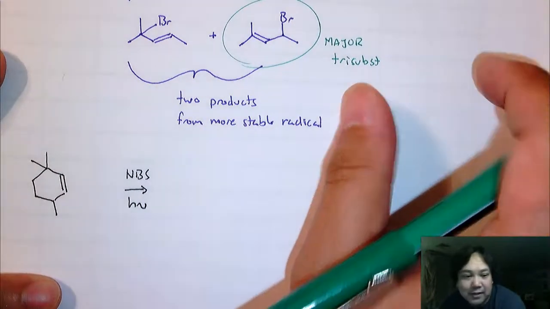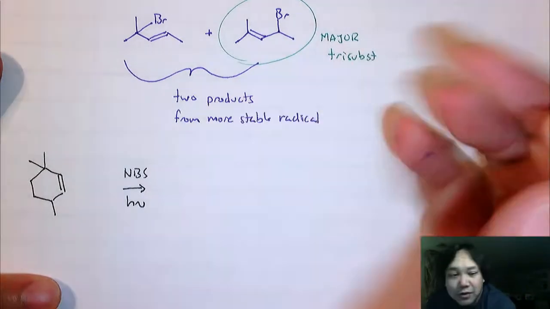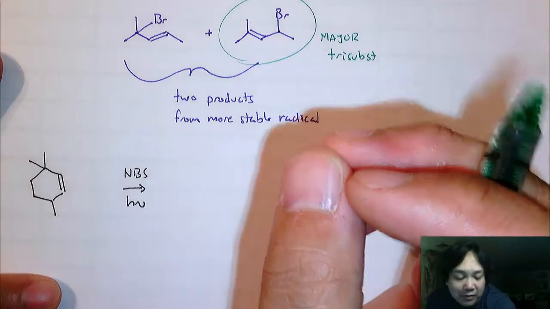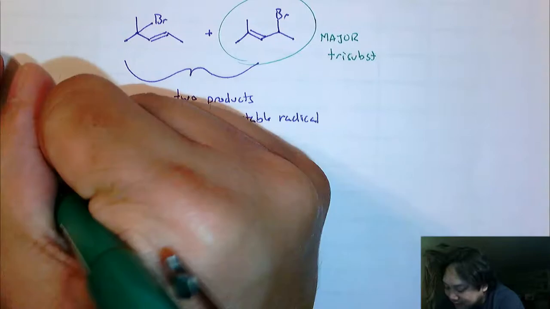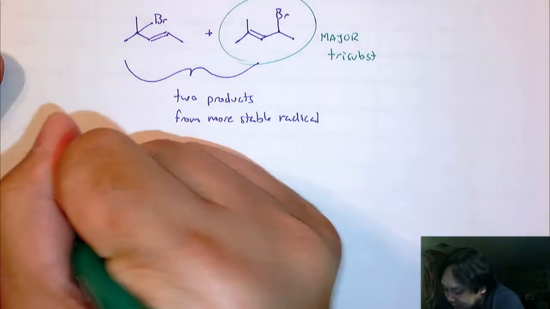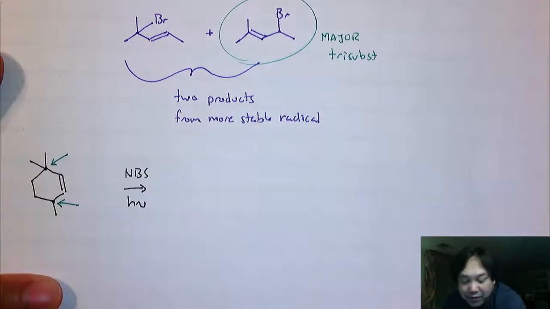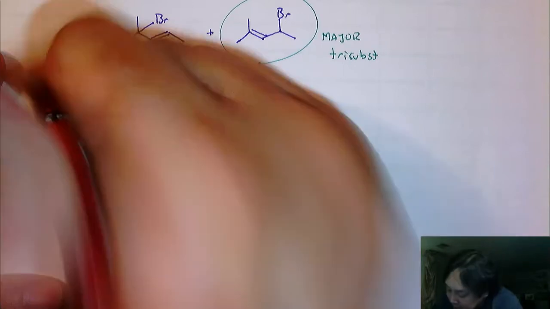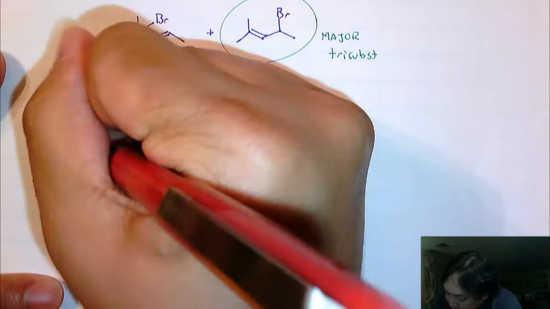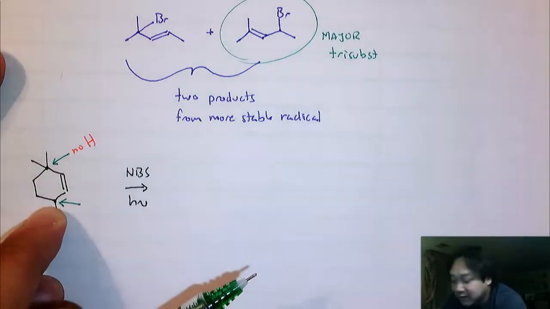For my class, they're not required to know the mechanism, but they should know that you form radicals and you try to form the most stable radical. I have 2 allylic positions. I have one here and I have one here. But what do you notice about this allylic here? There's no hydrogen to abstract.